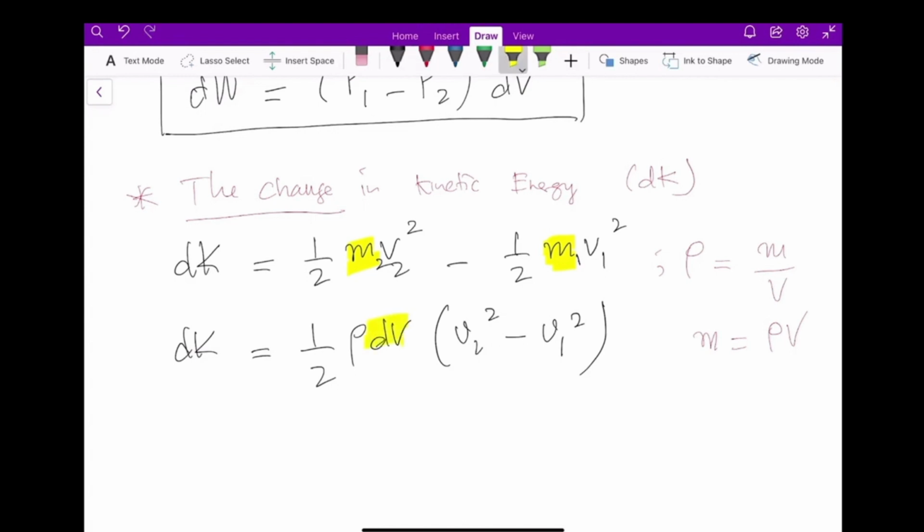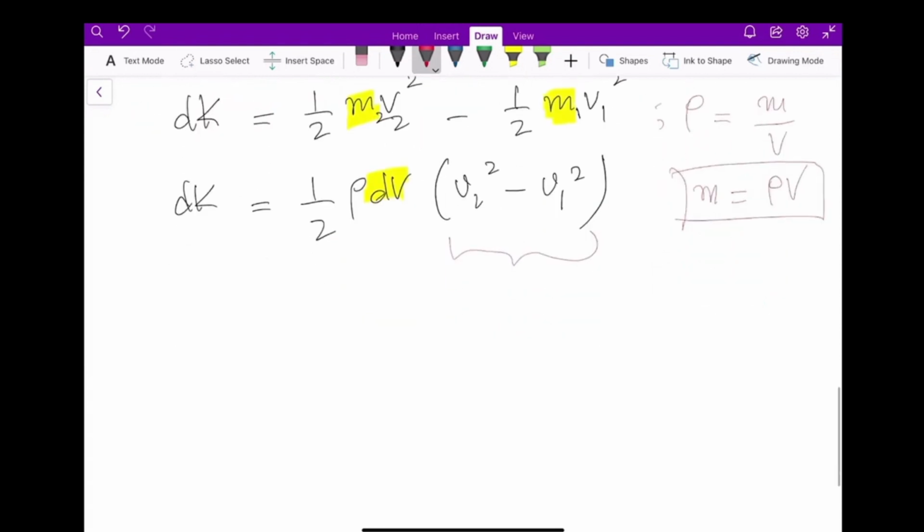Up to here, does anyone understand why we have this expression? Because we replace mass with rho times volume. Remember, the density will not change because we have a constant density because of the incompressible fluid. That's why we can combine the terms all together, and the only term having different values will be the velocity here.